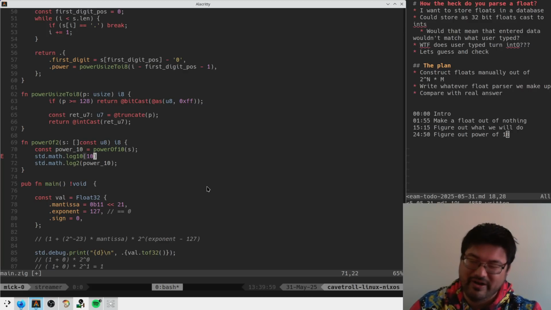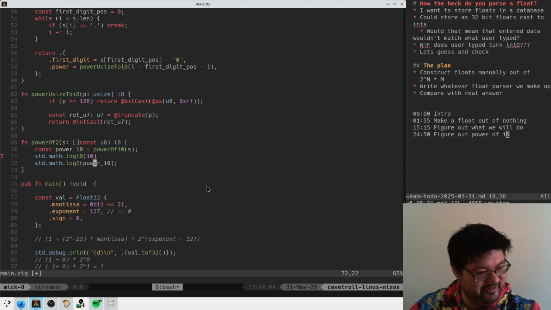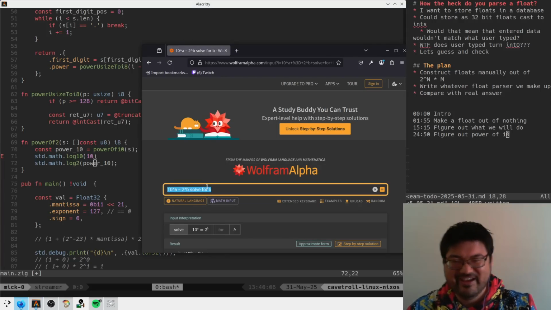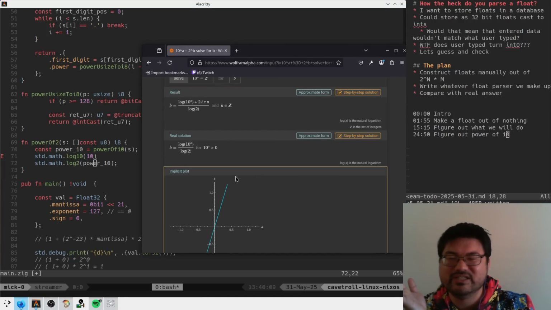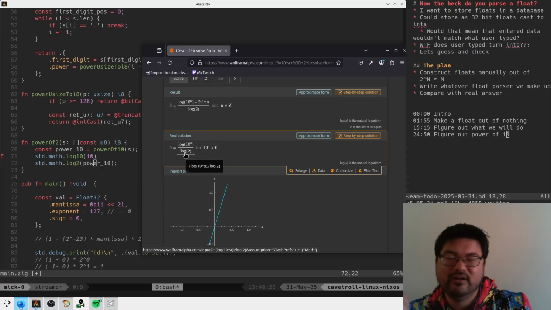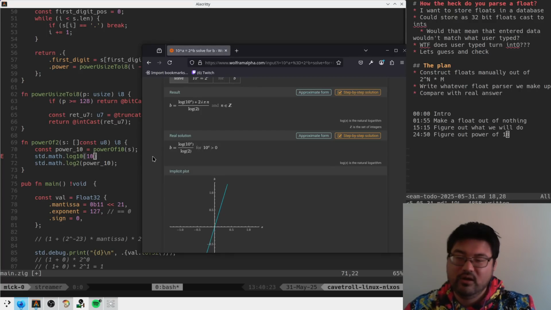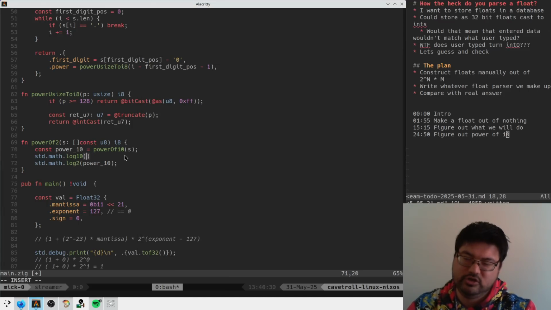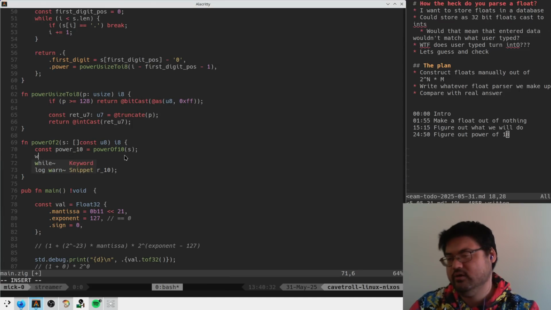Log 10 of 10 is 1. Log 2 of 2 is 1. No? So what the fuck is this? This is literally just. Oh, but log. Oh, it's over log 2. So is it just the power over log 2? Log 10 2? I think so.